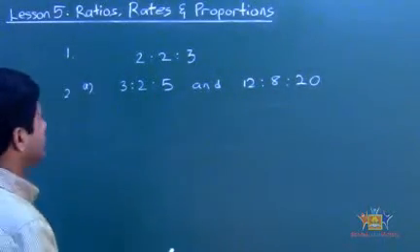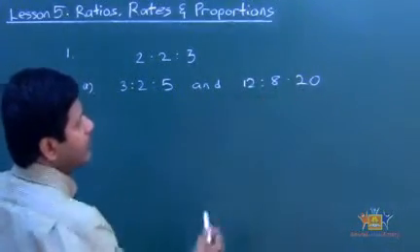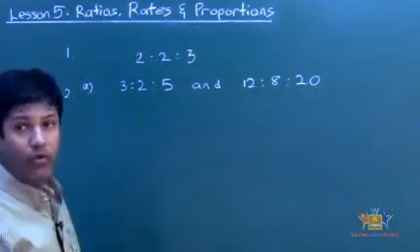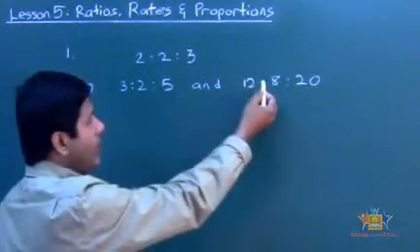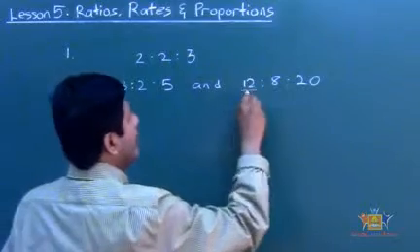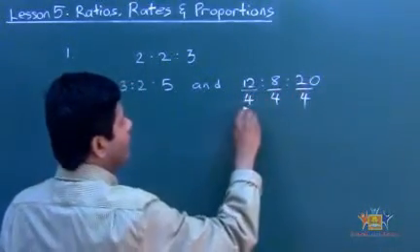What is the biggest common number that 12, 8 and 20 can be divided by? How about 4? 12 can be divided by 4, 8 can be divided by 4, and 20 can be divided by 4. See that? Let's divide all of them by 4. So 12 divided by 4 is what?